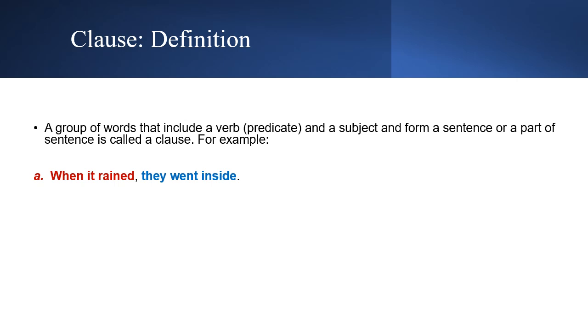Now for example, it says when it rained they went inside. Okay, now they went inside is a clause. When it rained is a clause. Now these are different types of clauses. That's what we are going to look at in our next slides. But you could see that we can write the sentence they went inside without any other sentence next to it.